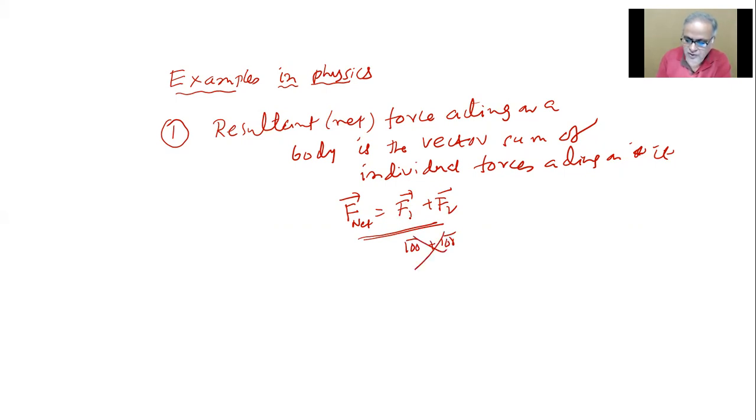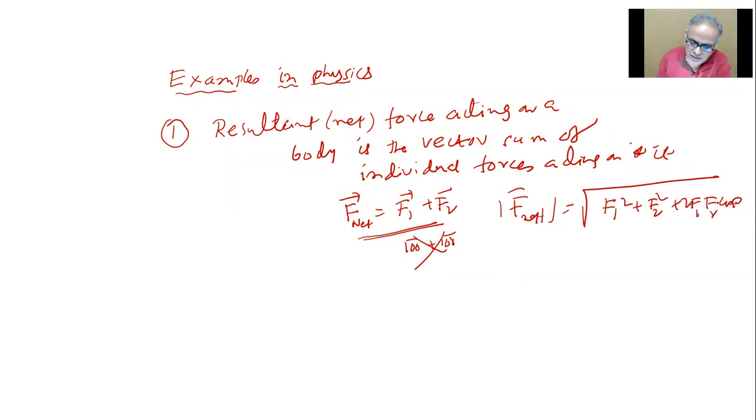What it means is you should follow geometrical rules to find F net, which is root of F1 square plus F2 square plus 2 F1 F2 cos theta. Or it also means this is F1, this is F2, so this is F1 plus F2, geometrically and algebraically. So forces can be added like that to get the net force.